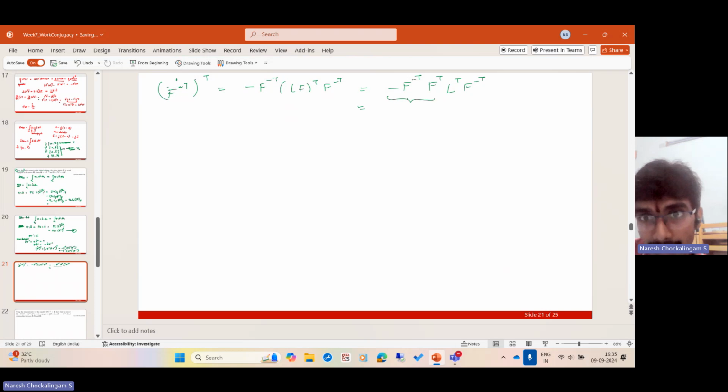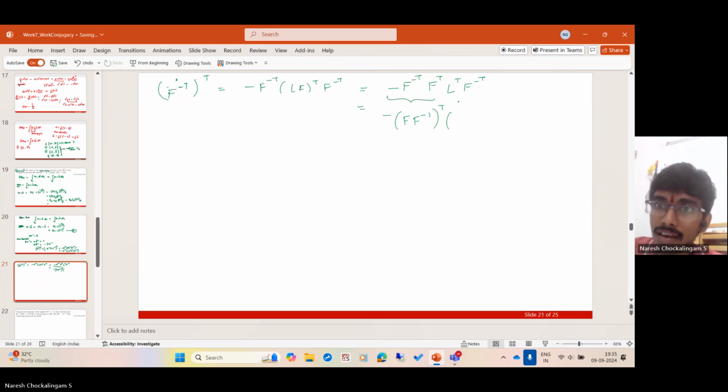So this is identity. Let me not skip any step: F inverse transpose multiplied by F transpose is the identity, and what remains is F inverse L, the whole transpose.